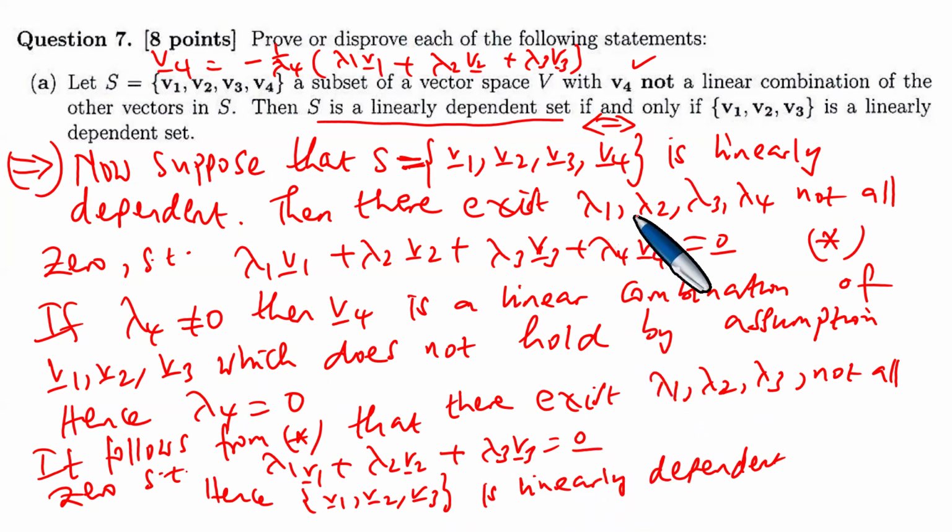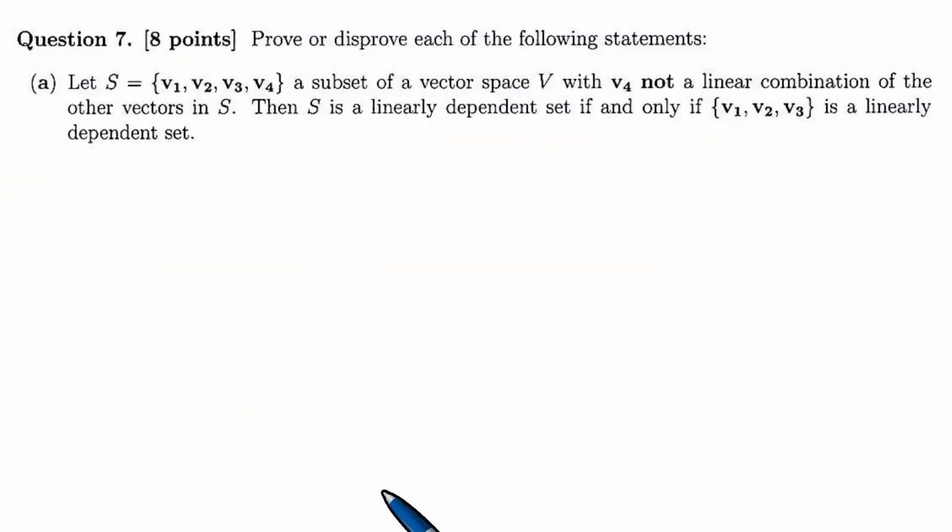Why? Because lambda 1, lambda 2, lambda 3 were not all 0 in the first place. And if they're not all 0, it means we have a linearly dependent set.